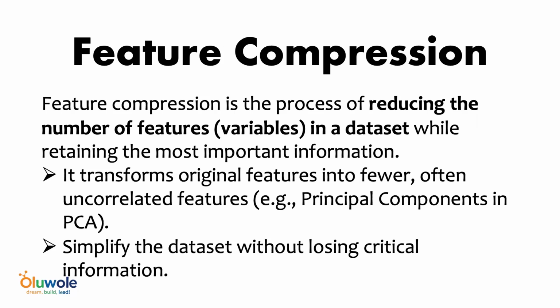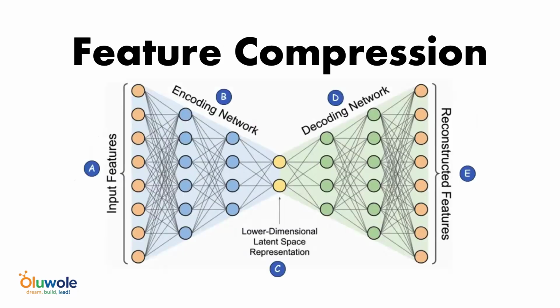Yes. Then you can see it simplifies the data set without losing critical information. It's as simple as that. So you can see all these features they put in have gone to lower dimensionality. It takes it into two features. It looks at all the correlated ones, compiles them into one feature, and uses only uncorrelated ones, so that when you are decoding, the model already knows, so decoding will be easy.